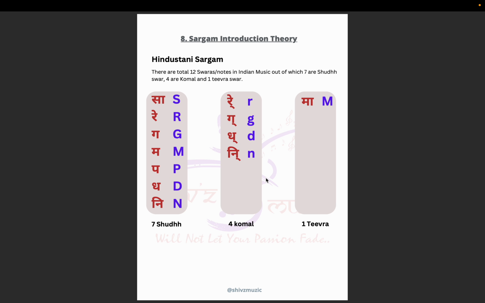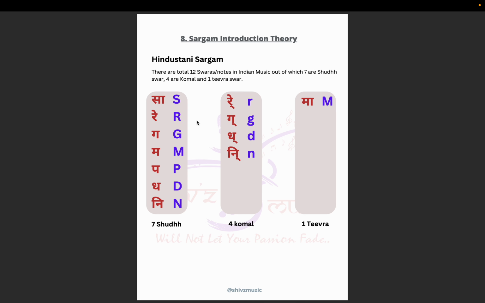If you talk about Hindustani Sargam in detail, as you saw in the previous slide, there are a total of 12 swaras, out of which 7 are Shuddha swaras. Shuddha swaras are the notes as we want to depict them. A Komal note, as I told, is just one note behind that particular note.